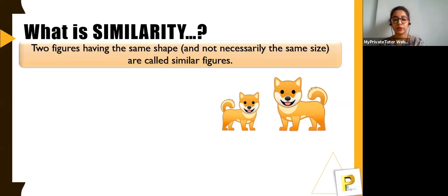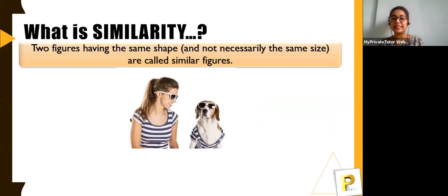Let's look at some more examples. Tell me, are these two considered to be similar? Do answer this question. Tell me, are these similar or not? Both of these. No, they are not similar.